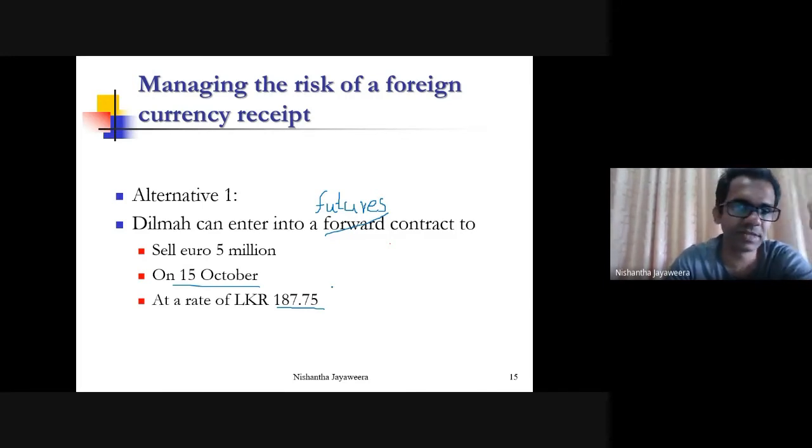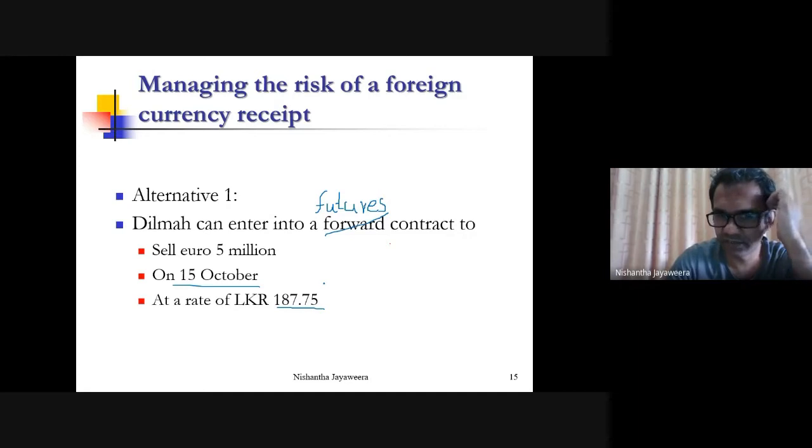The futures contract may be expiring in November or somewhere. That's the disadvantage. It may not give you your amount and your value date. So you have to be careful, and select a suitable futures contract very close to the amount that you need.